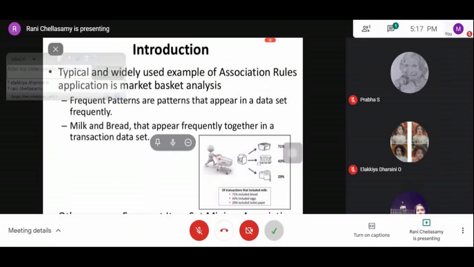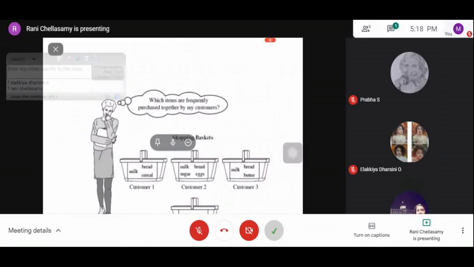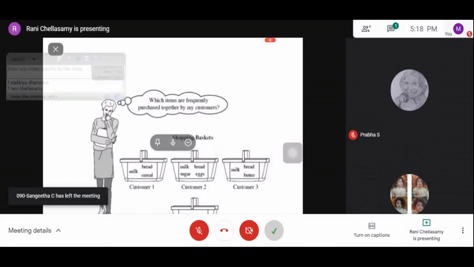See here, market basket analysis is where a customer goes to a shop willing to buy many items or products. Customer one is willing to buy milk, bread, cereal. If customer one tends to buy milk, then he will also buy the other products, bread and cereal.